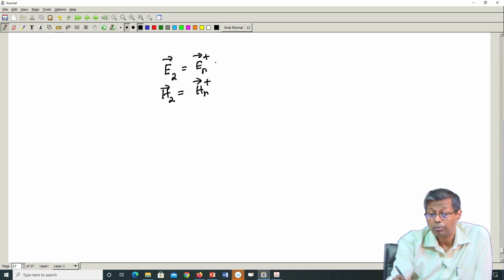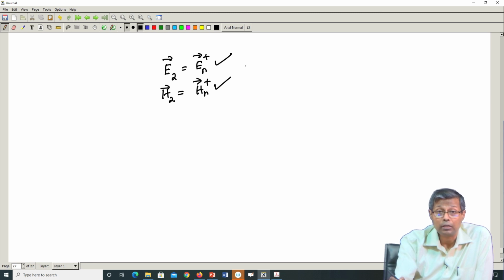So, this is the forward moving nth harmonic for the electric field, this is the forward moving nth harmonic for the magnetic field. The set of fields E 1 H 1 corresponding to the scattered fields or the total scattered field inside the waveguide, consisting of the summation over all the eigenmodes, they stay the same as previously.